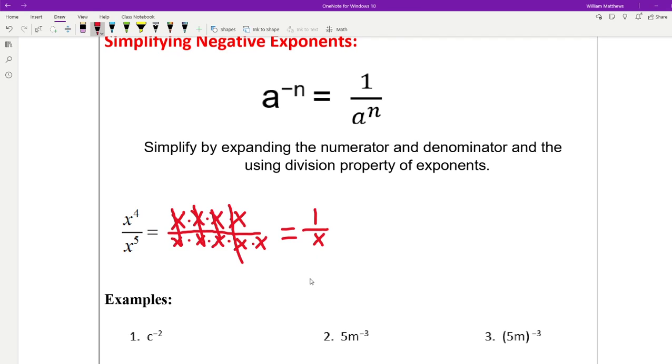If we follow the quotient power rule, we would have x to the power of 4 over x to the power of 5, which would have our top exponent minus our bottom exponent for the same variable base. Now this becomes x to the power of negative 1, which we already showed equals 1 over x.